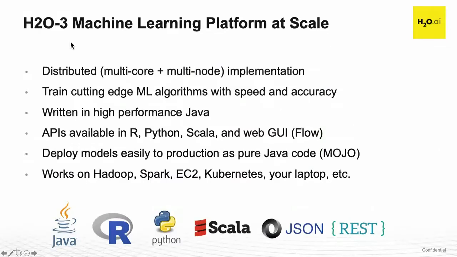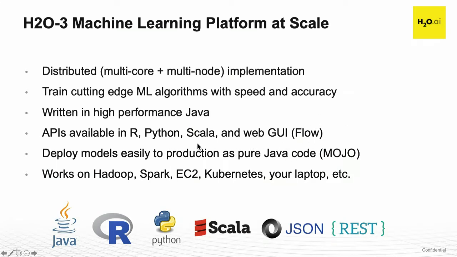Now, H2O open source, for those of you who may not have come across it before, is a machine learning platform that's distributed. So that's both multi-core and multi-node, and it's implemented in high-performance Java, and it's optimized to be really fast for a variety of different machine learning algorithms. The APIs that are available are in Python, R, Scala, and we also have a web UI, which I'll show you.